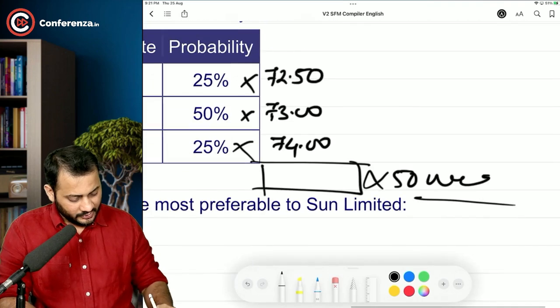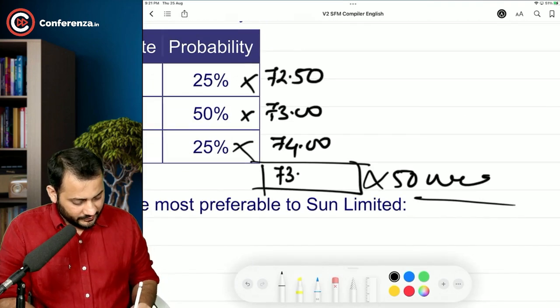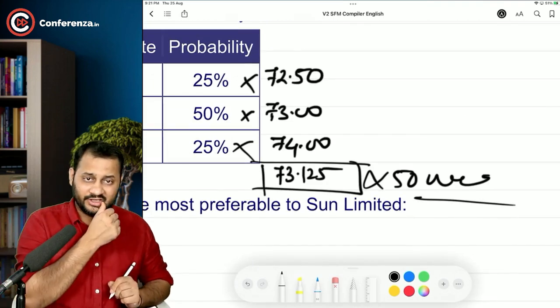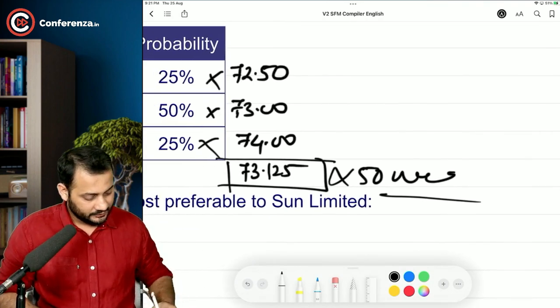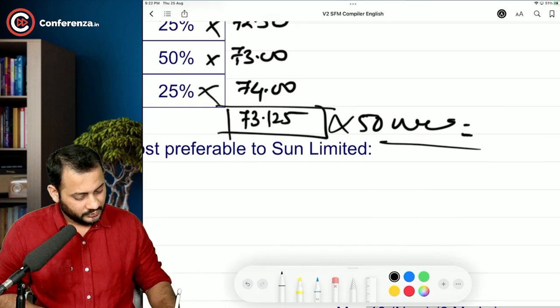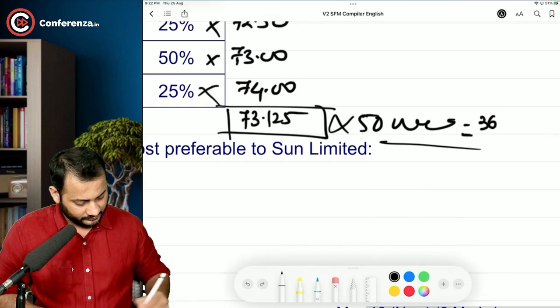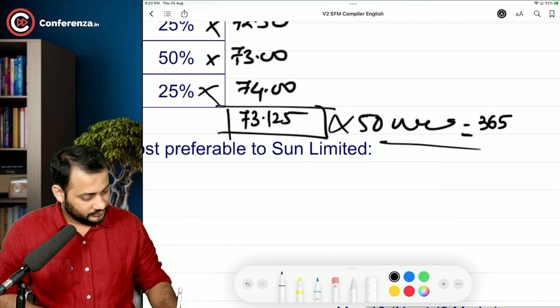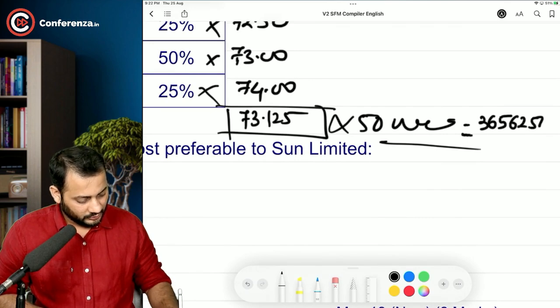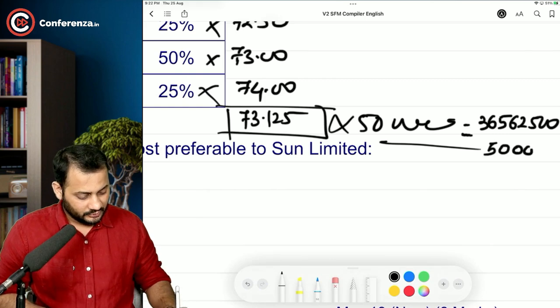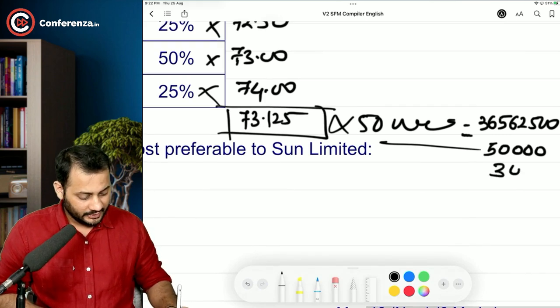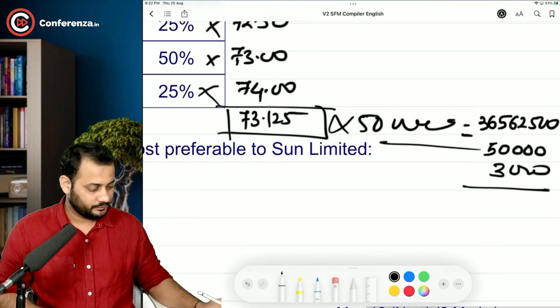So understand, the expected price comes to 73.125, at which you will buy 5 lakh dollars. Multiplied by 5 lakh, that comes to 365,62,500, plus 50,000 of the principal repayment and 3,000 of the interest.